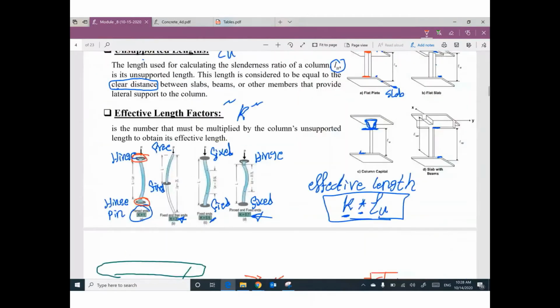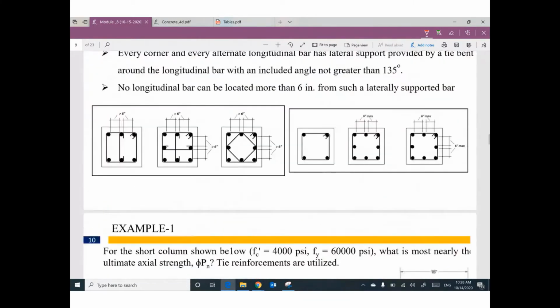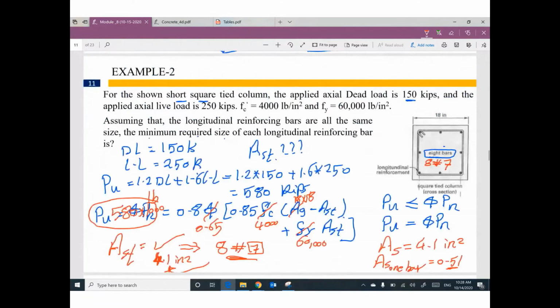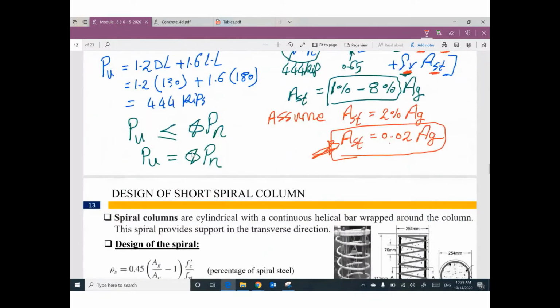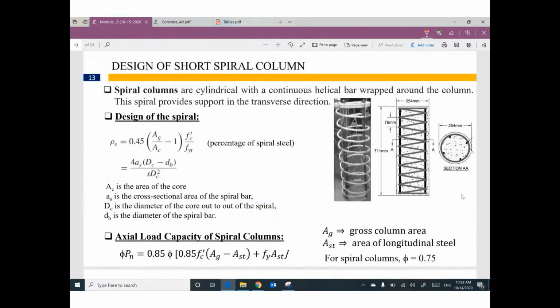Okay? Let's start the second type of column, which is called spiral column. Guys, I told you spiral column means we have a column, whatever the shape, circular or rectangular or square, but most of the time it's a circle.